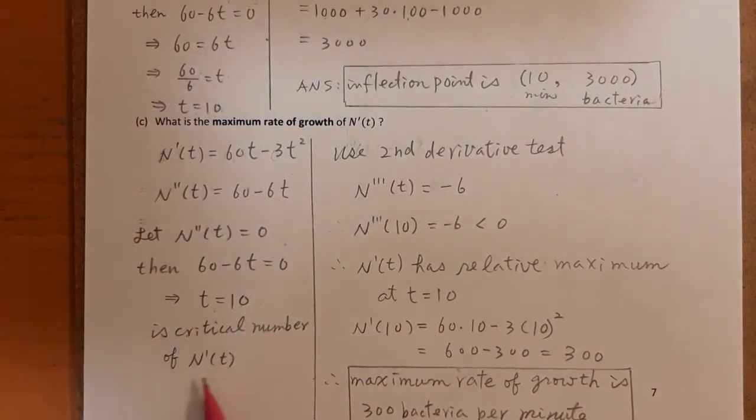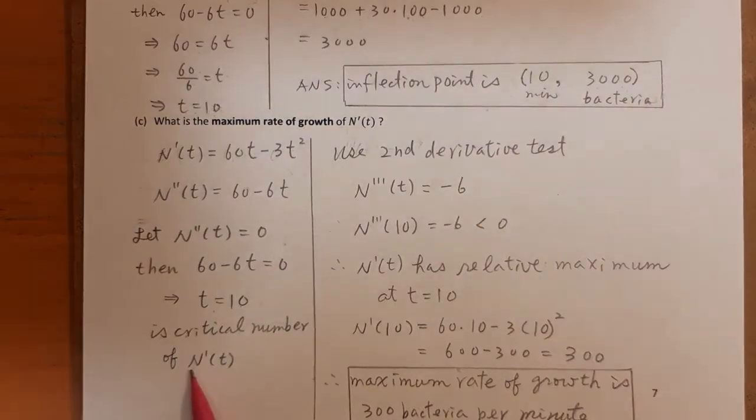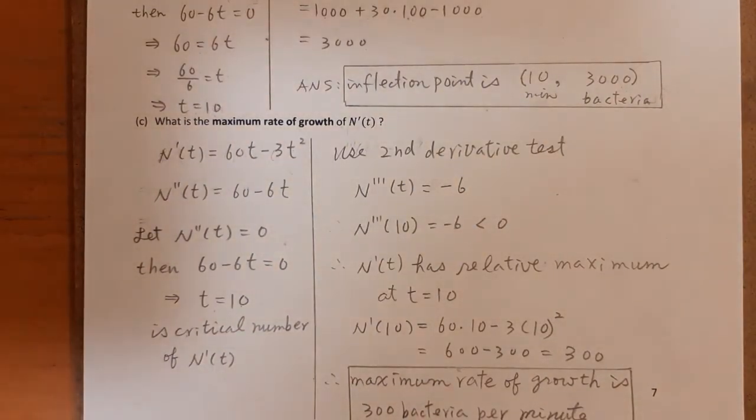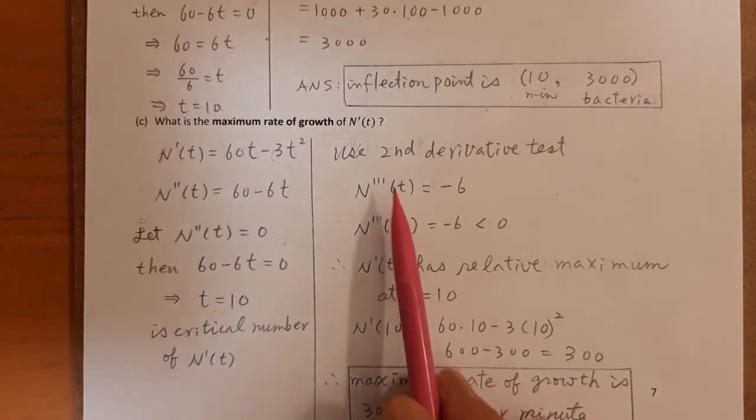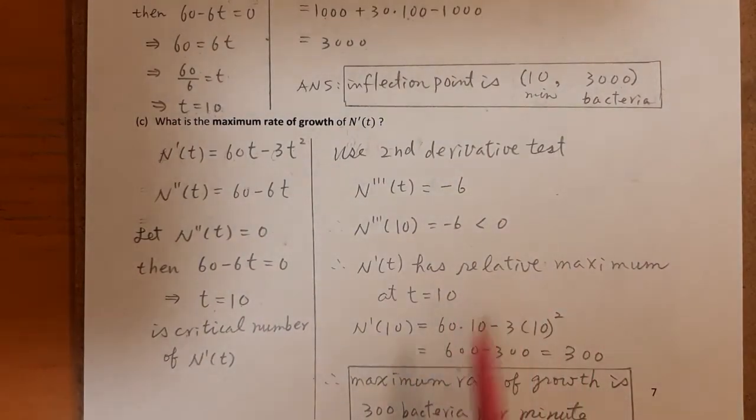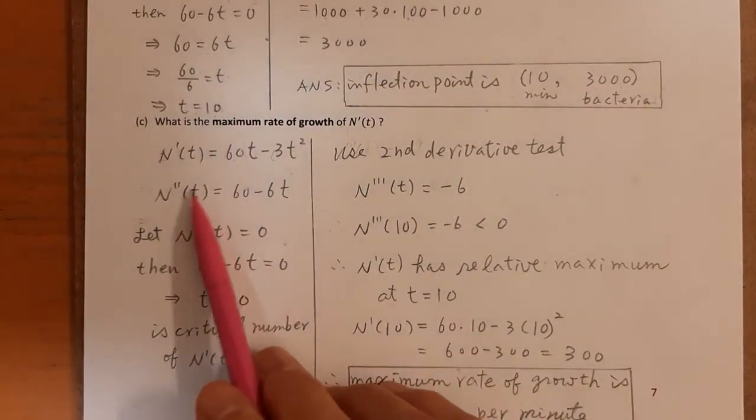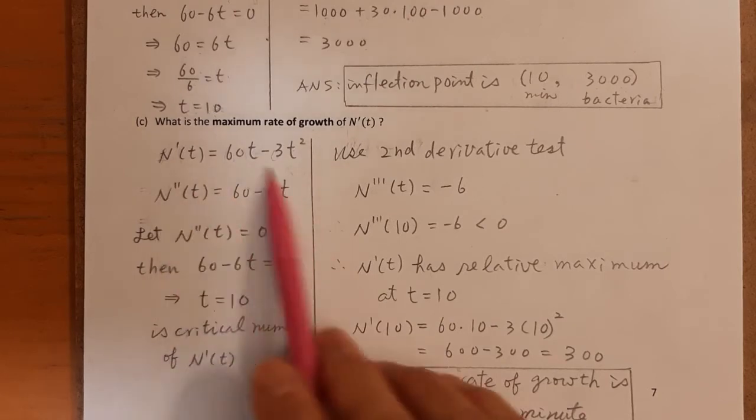We call this the critical number of N prime of t. And plug into the second derivative of this. So take the derivative again, which is N triple prime of t.